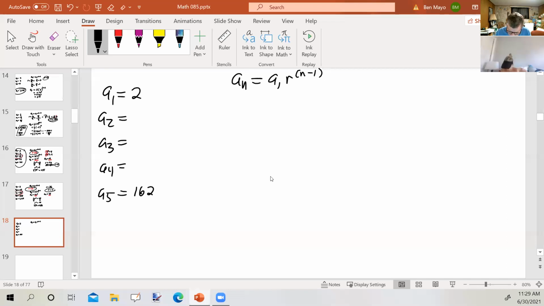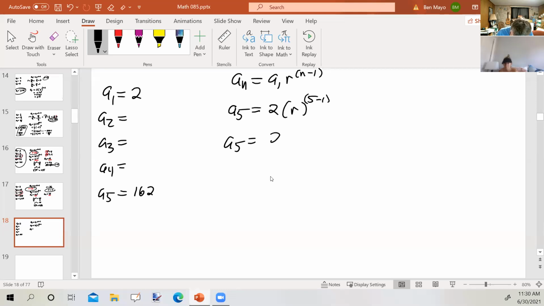Well, I don't have r, and I'm not given 2 consecutive terms to find r. However, I do know that a sub 5 equals a sub 1 times r to the n minus 1 power.